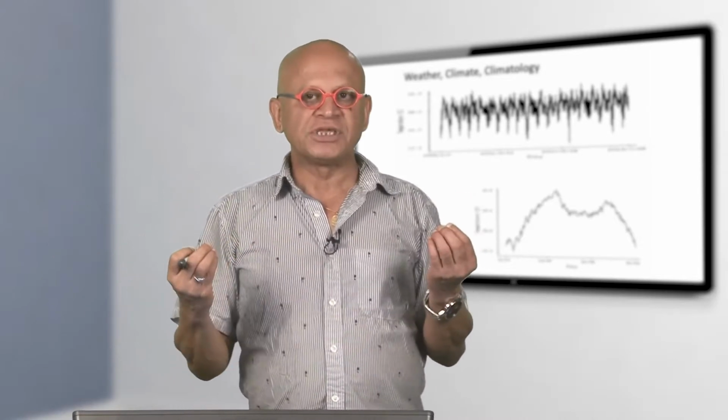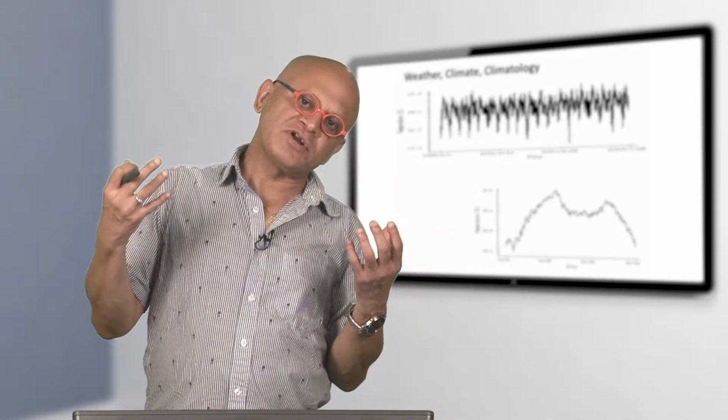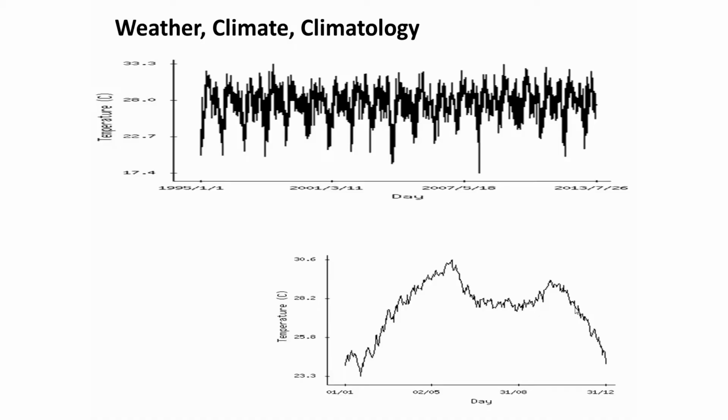What is climate change? For that, you have to first understand what is climate variability. You can see that in this temperature being shown from 95 to 2013, the maximum temperatures and the minimum temperatures are not the same, for example.